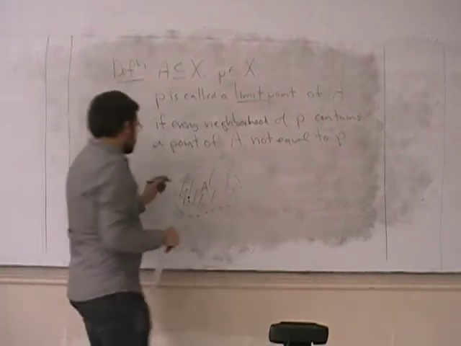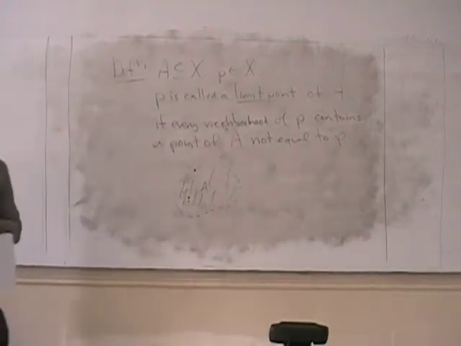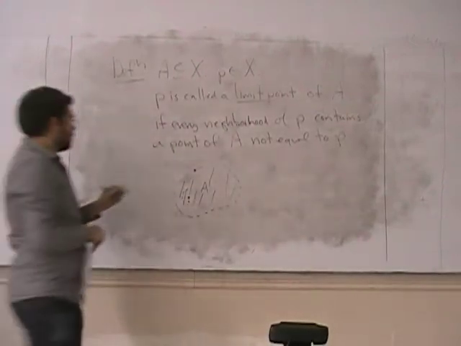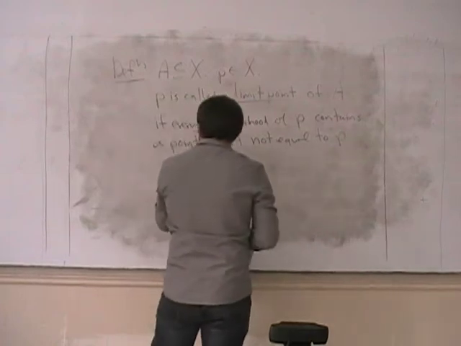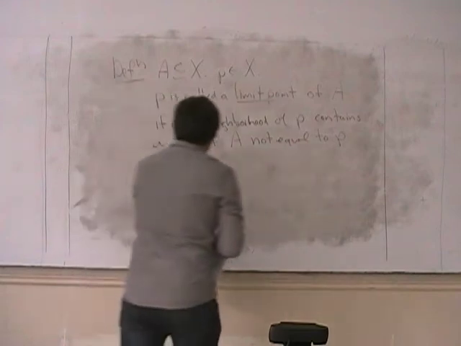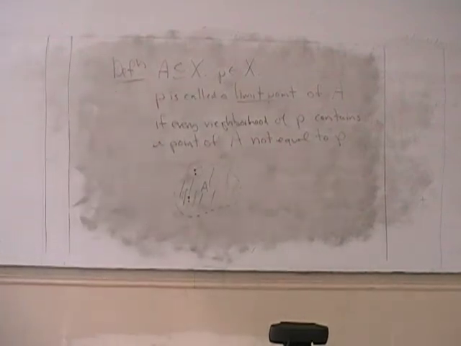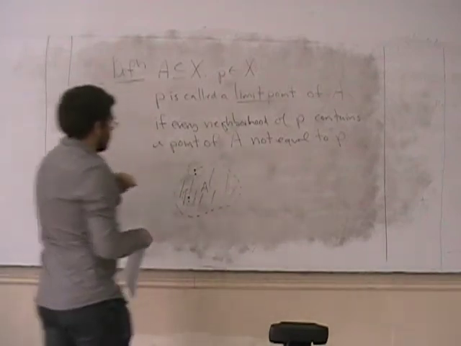But now the interesting thing is that this happens even here too. So this point here might not actually be a point in A, but it's still a limit point because every neighborhood of that point is going to contain a point of A different from the original point.